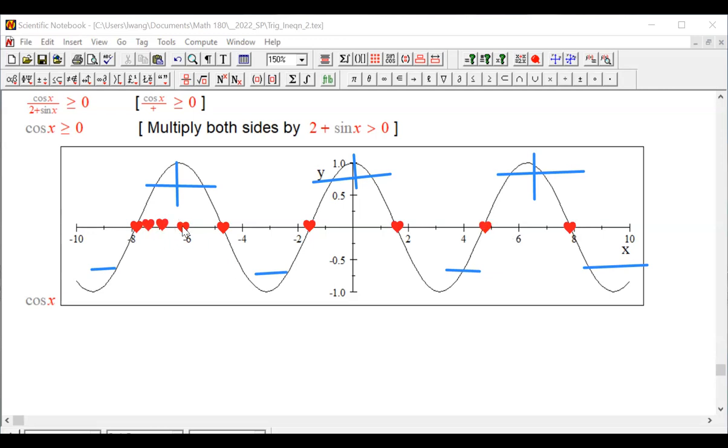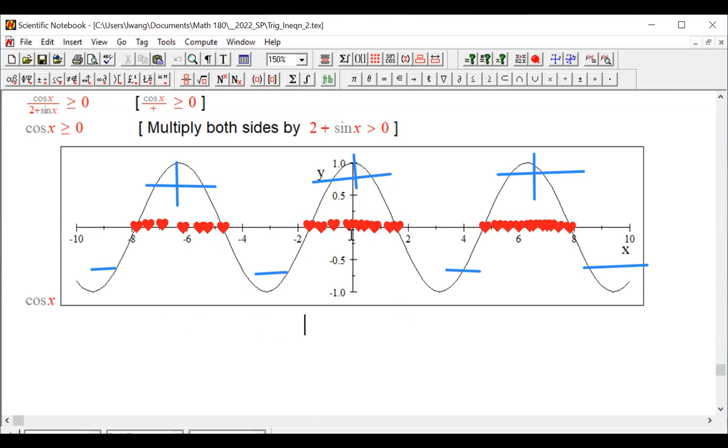Well, these intervals will be solutions, and these intervals will be solutions, and these intervals will be solutions. We have many, many intervals as solutions. So how do we describe these intervals? For example, can we describe this interval?